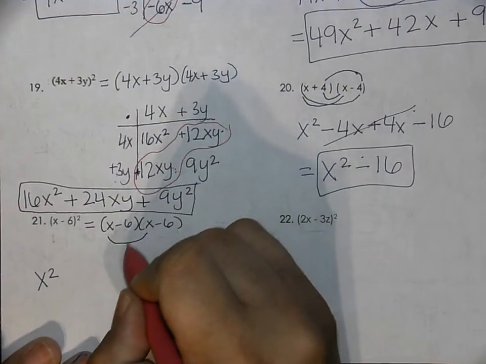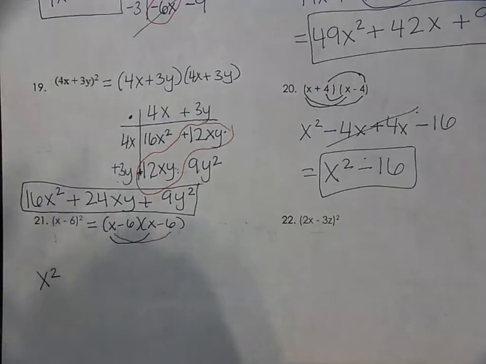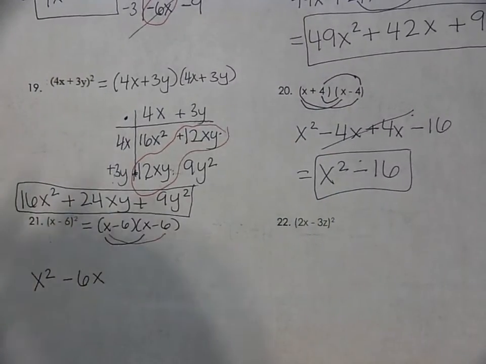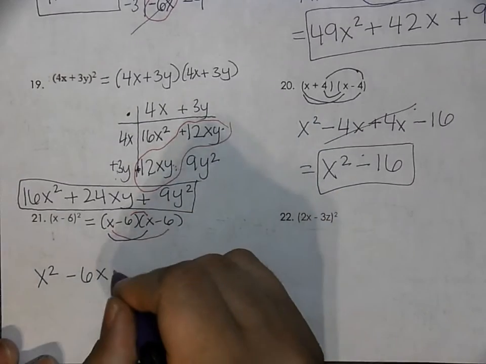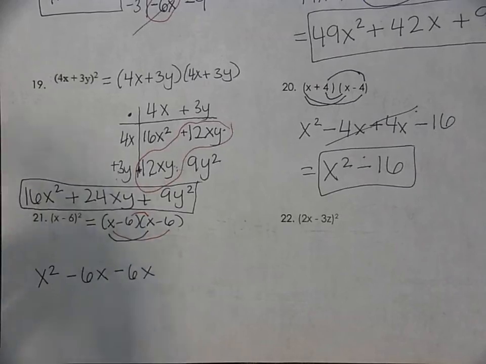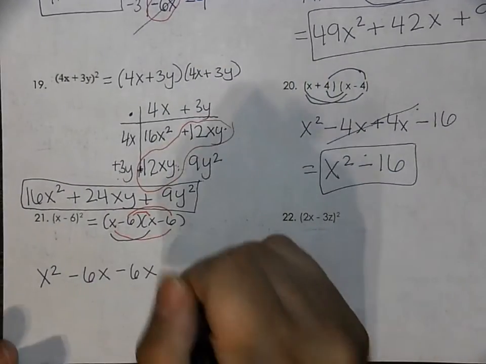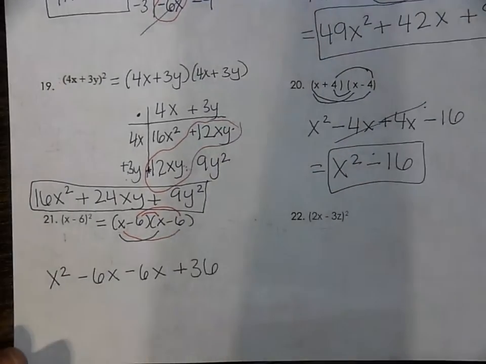Show it here so it's easier to see. We have x times negative 6 would be a negative 6x, my outer. My inner would be negative 6 times x, which is also negative 6x. And finally, my last ones, negative 6 and negative 6, would be a positive 36 because two negatives make a positive.